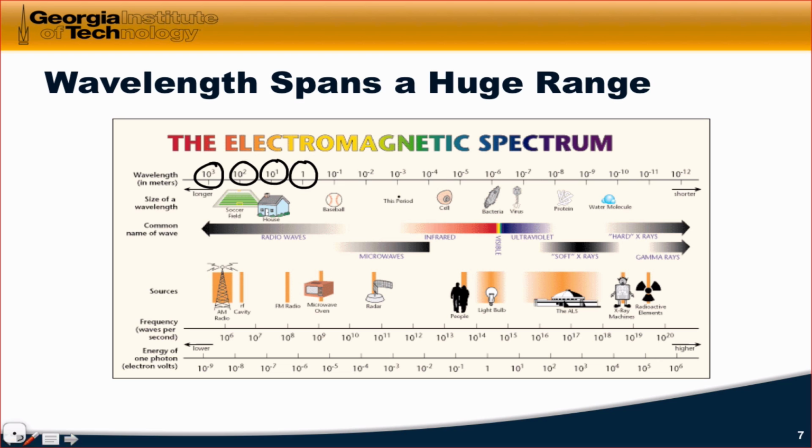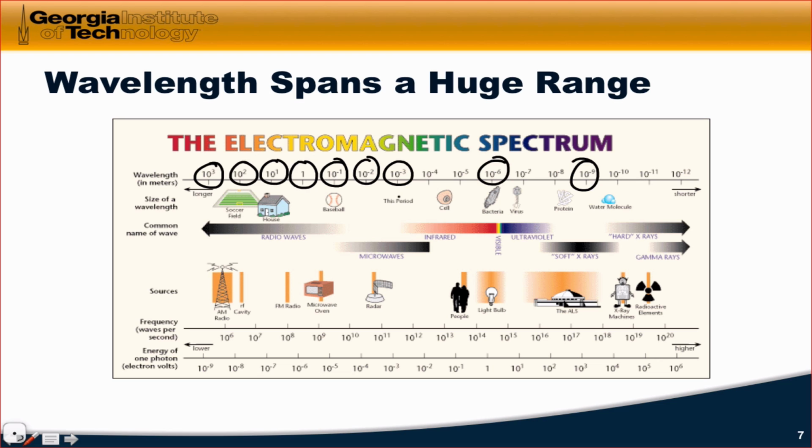Microwaves come next, and they're in the 0.1 to 0.01 to 0.001 meter range. And of course, these are the waves that we use to heat food. Infrared is a little bit lower than that, followed by the visible, which is right around 10 to the negative 6 meters. And then we have X-rays in the nanometer range.